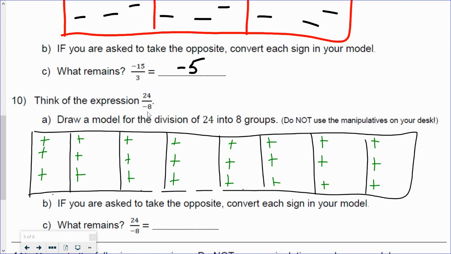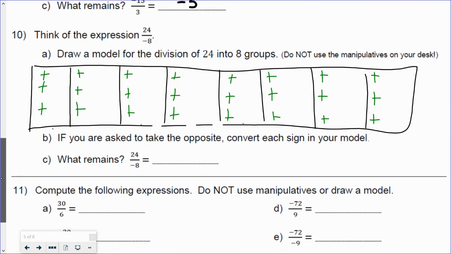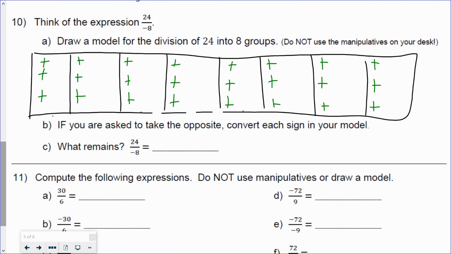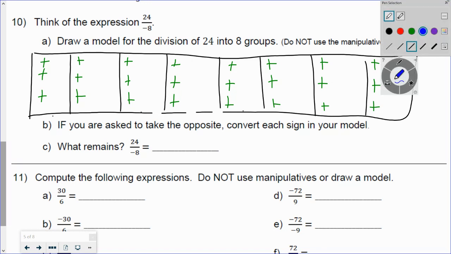Okay, but what are we dividing by? We are dividing by a -8. So that means we have to go and convert each positive now into a negative. So that changes our actual solution. Okay, so I'm going to make this a little bit bigger, so hopefully it'll show up. Yes, perfect. These are our negatives now.